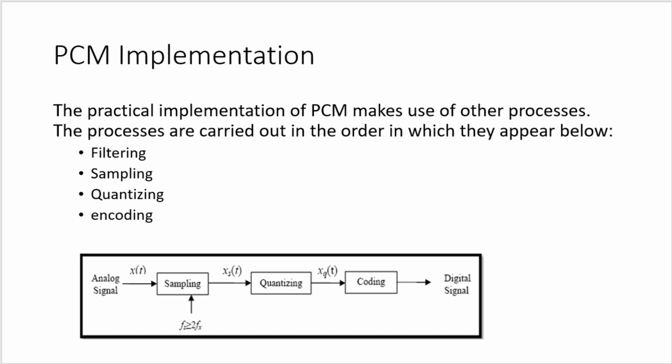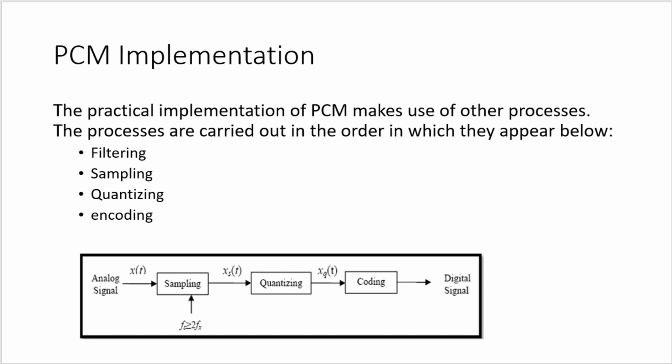So here is the PCM implementation. The practical implementation of PCM makes use of other processes. The processes are carried out in the order in which they appear below. Many others ignore the first step of filtering, as they consider it a secondary step.